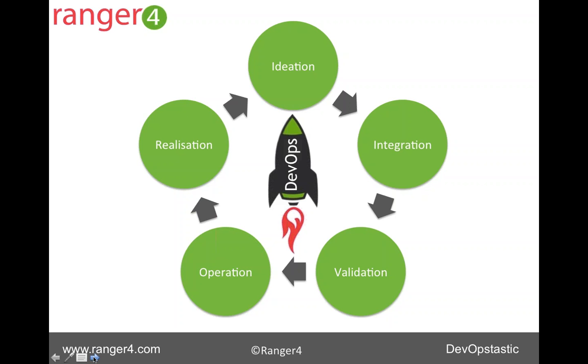The validation bit is really the quality control and testing bit, and operation is getting that thing into production. So what we're trying to do when we help people do DevOps is ultimately get to a place where they are doing ideation in the sense that they can identify how much a thing costs to do and how much value it's bringing to them in the most frictionless and speediest, or rapid, way, but still remaining safe.